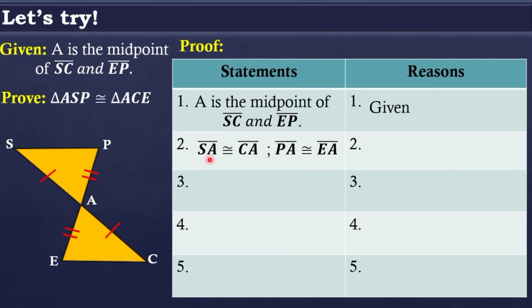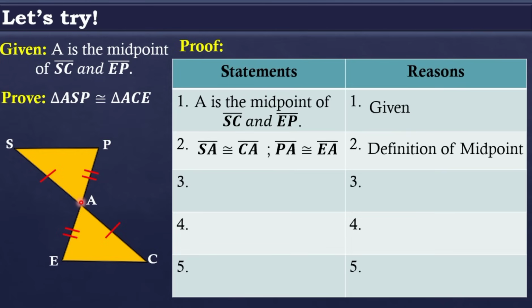Now, make sure po, tama po ang arrangement po natin itong mga vertices po na to. So, SA, CA, PA, EA. So, this is by definition of midpoint. So, kapag meron kasi tayong midpoint, ang trabaho niyan, hinahati niya po yung segments natin into two congruent segments.